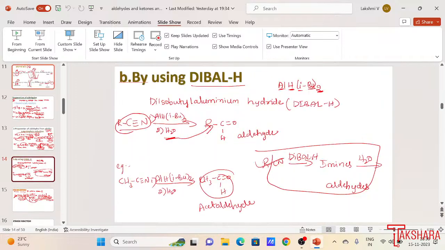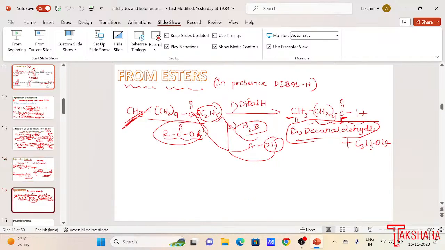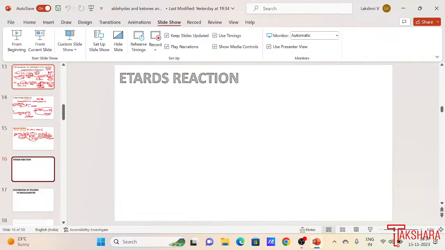Then next we have, by using DIBAL-H reagent, how to prepare aldehydes and ketones, that also we discussed in the previous class. Then from esters, how to prepare the aldehydes, we already discussed in the previous class. See, all these named reactions are important for the exam, so they will ask for 3 marks or 2 marks on the preparation of aldehydes and ketones.